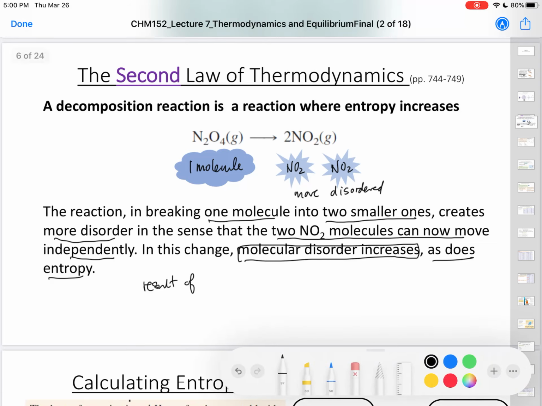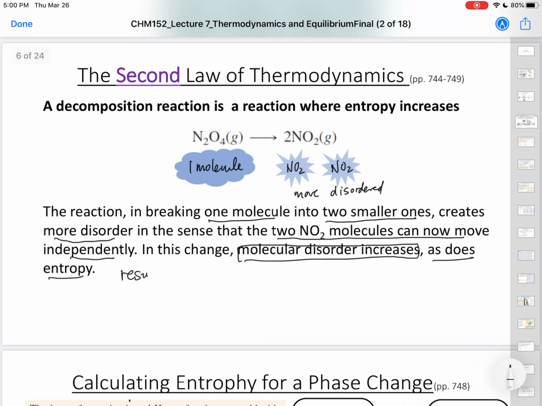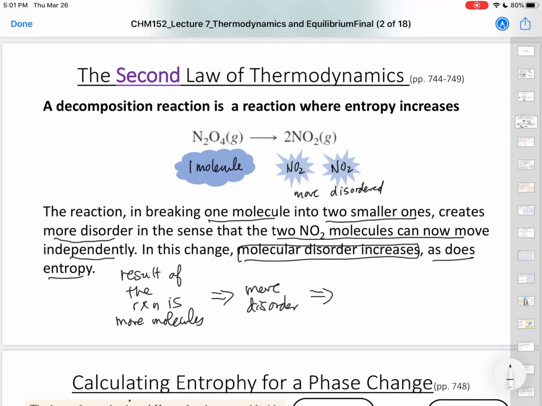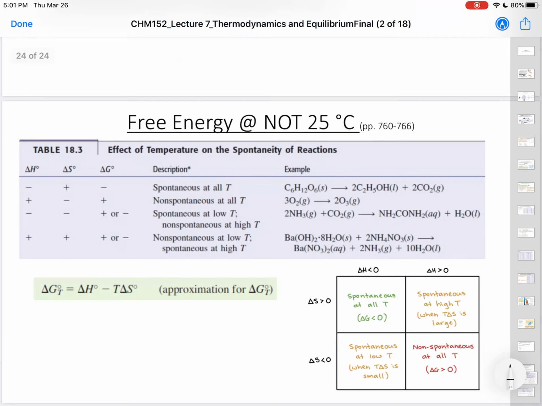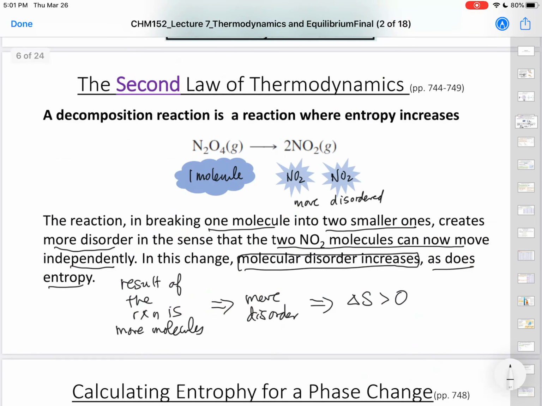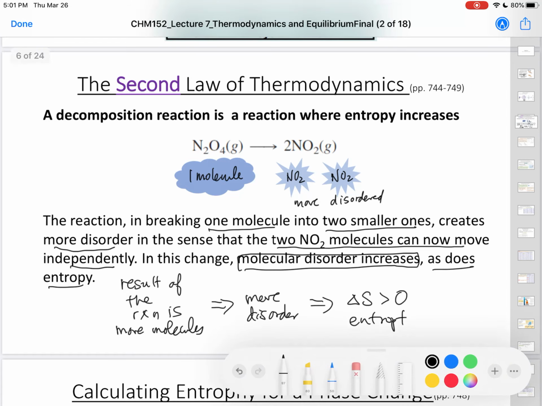So if you are breaking down something and the result of the reaction is more molecules, or more particles, if you would like to think of it, that means that you have more disorder, and that means your delta S has increased, okay? Because your entropy has increased.